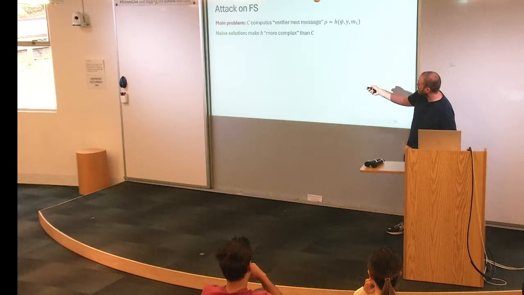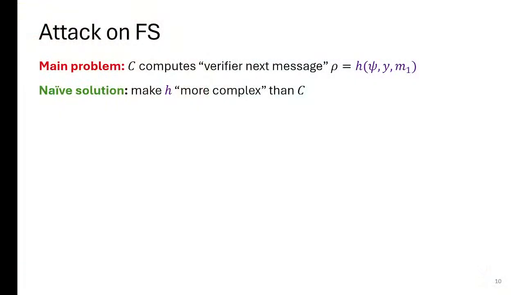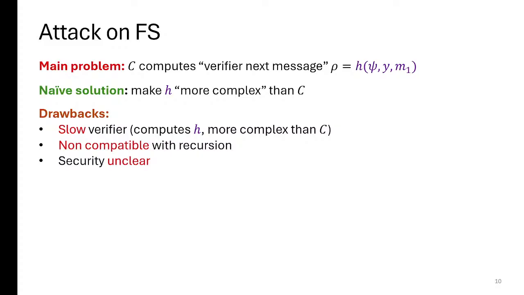Okay, so the problem is that the circuit is able to compute the verifier next message function, because now it's a deterministic function based on the hash function. This is really where the attack lies. And the naive solution is to just make the hash function more complex than the circuit. It's a reasonable solution, but it has a few downsides. First of all, the verifier needs to compute the hash function. Once you make the hash function more complex than the circuit, the verifier has to be more complex than the circuit in this same sense.